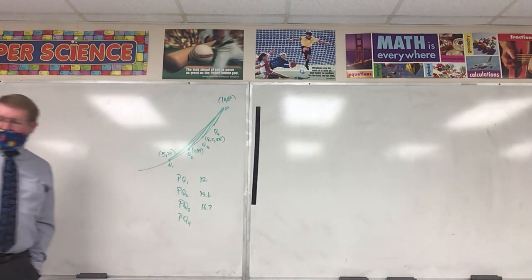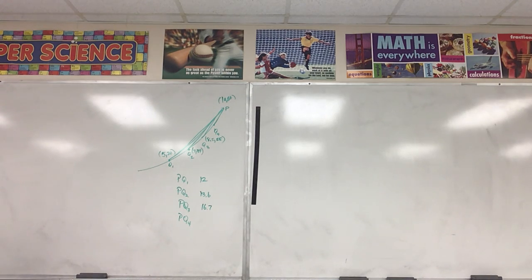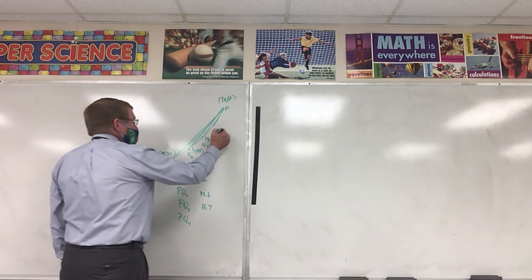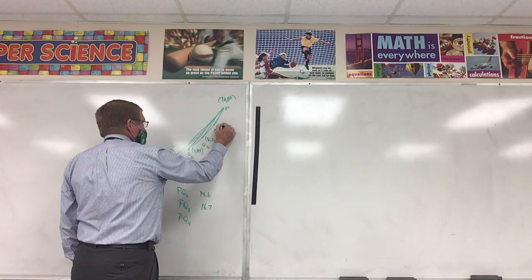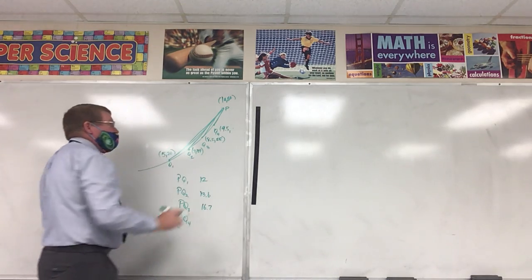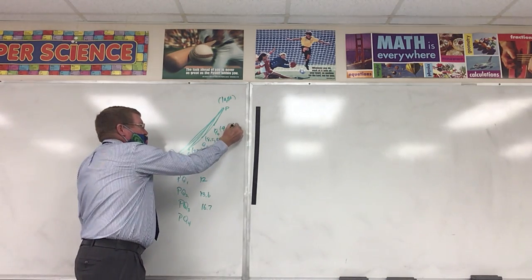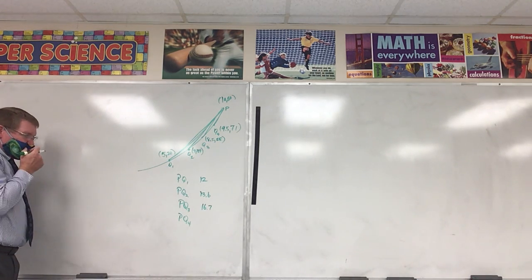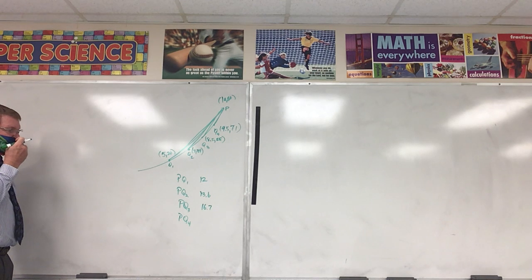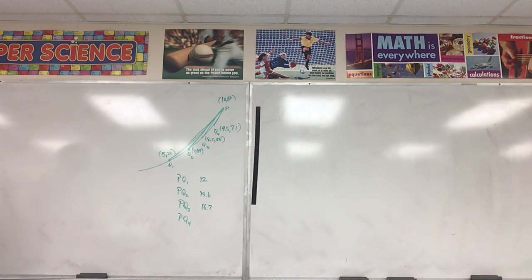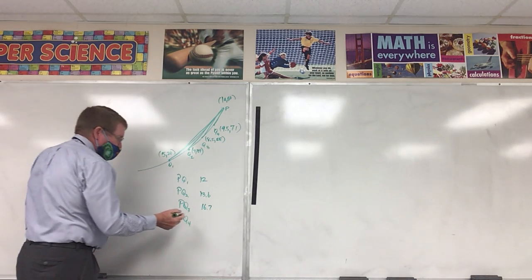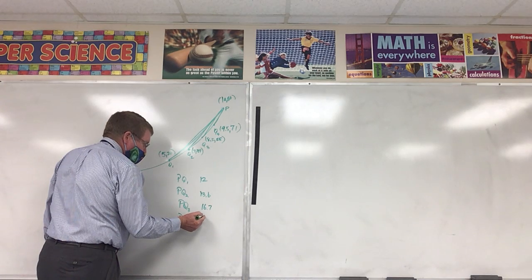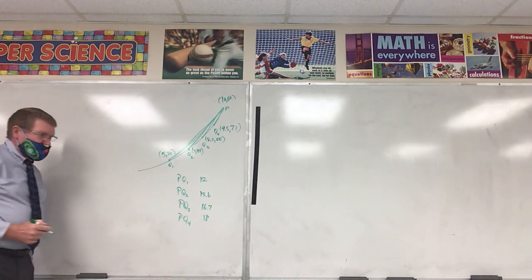And then PQ4. Q4 is at 9.5 and 71. So you get 9 divided by 0.5, which is 18.